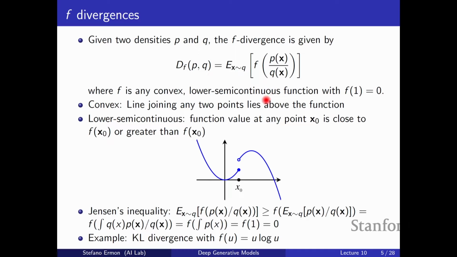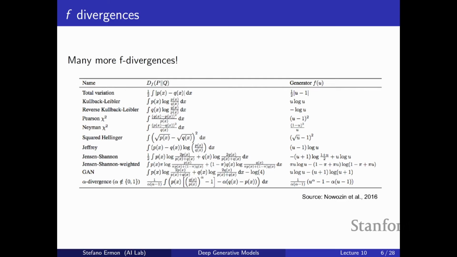So you have to multiply by u to change the expectation from one with respect to q to one with respect to p. In fact, if you want reverse KL, then it's just minus log u, because reverse KL would be an expectation with respect to the second argument.